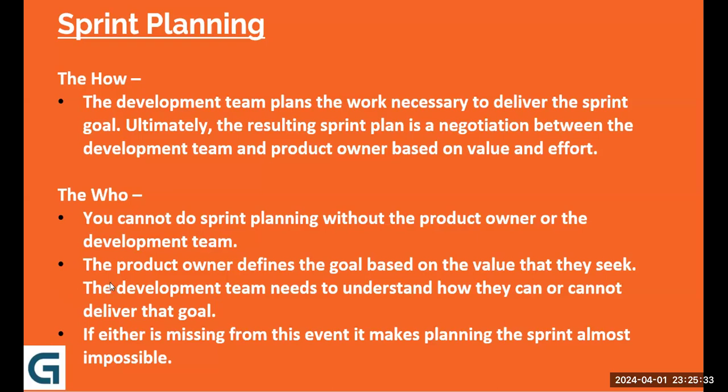The second element, I want someone to read. The product owner defines the goal based on the value that they seek. The development team needs to understand how they can or cannot deliver that goal. Yeah. Now, in the presence of the product owner, when you are giving the task, how long, why this will take this much time, you also need to understand. Sometimes they need to identify what may stop them from delivering, what may not support them to move further.